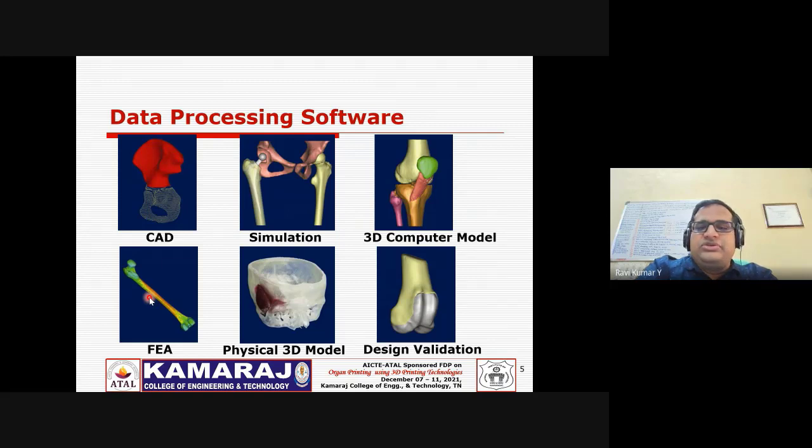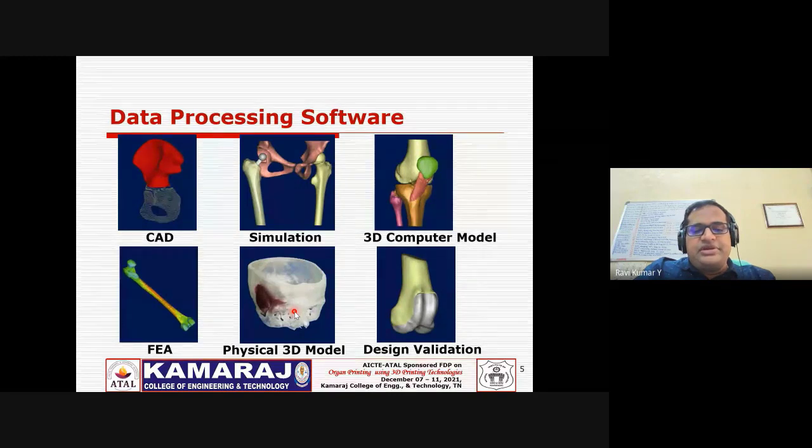So your data has been captured from the patient, and it has been further processed through any one of these tools. And even further, you may want to realize a physical model captured from the human anatomy. Then your 3D printing technology is helpful to physically fabricate your model and use it for your application.